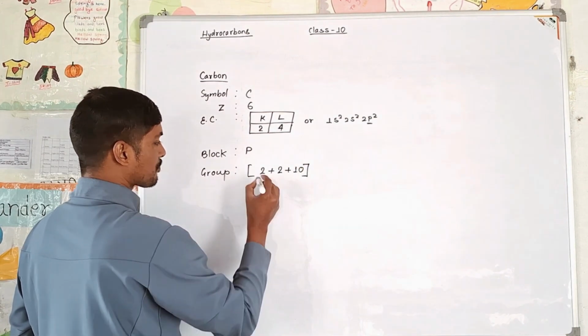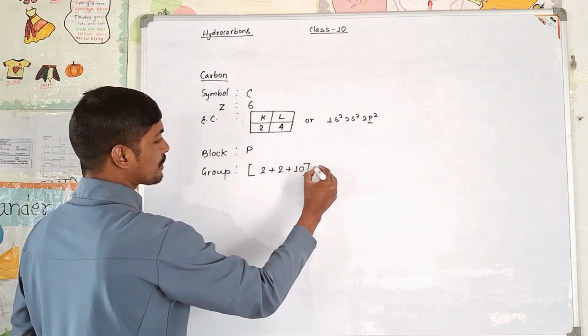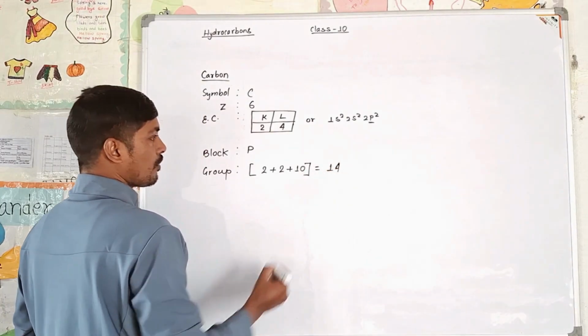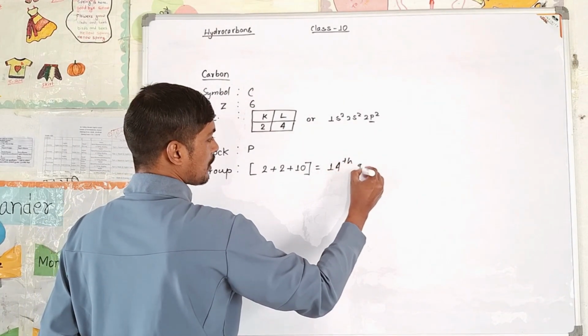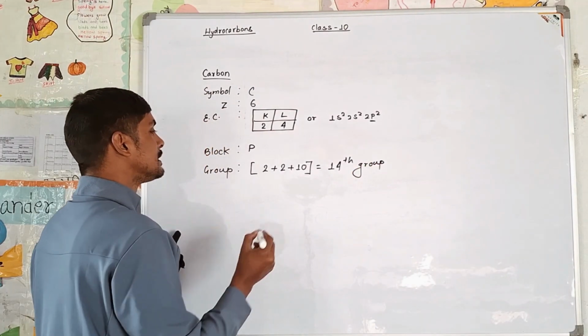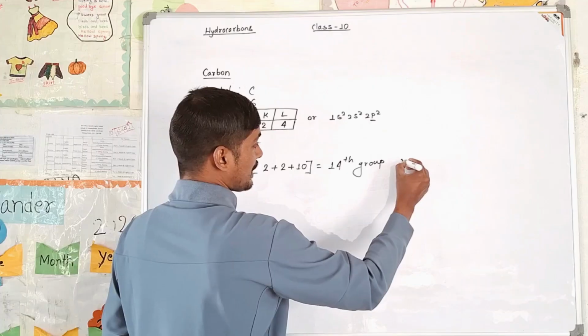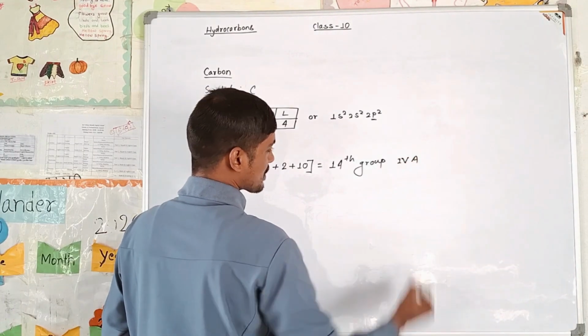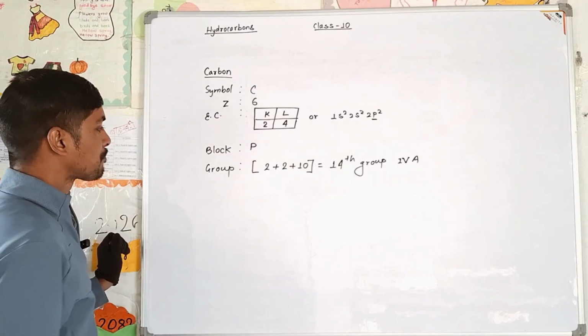It means the group of carbon is 14, or we can also write the 14th group as the 4A group.